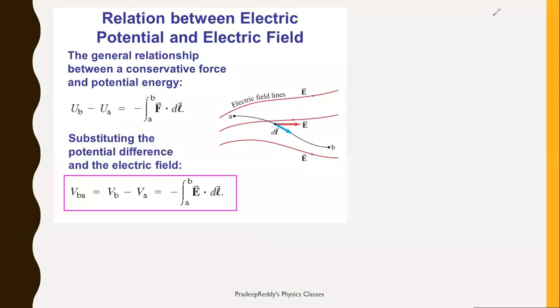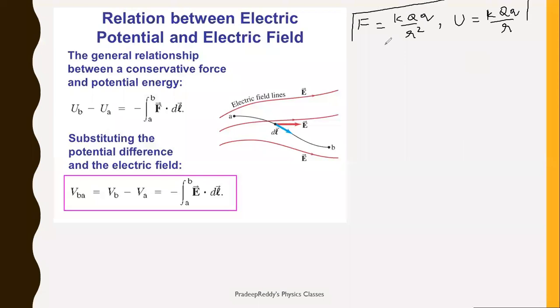We have got equations for force. What is it? F is equal to K Q q divided by R square. Electric potential energy is K capital Q small q divided by R. These two are related with each other.